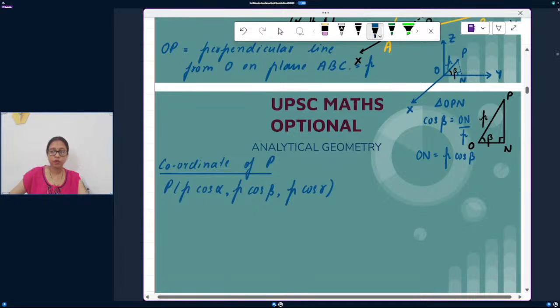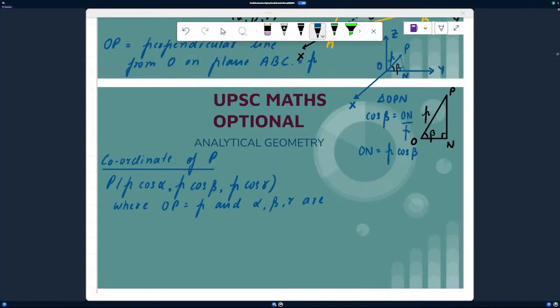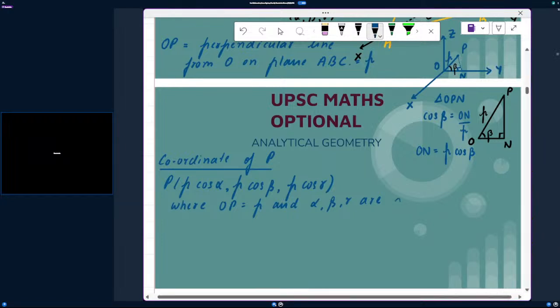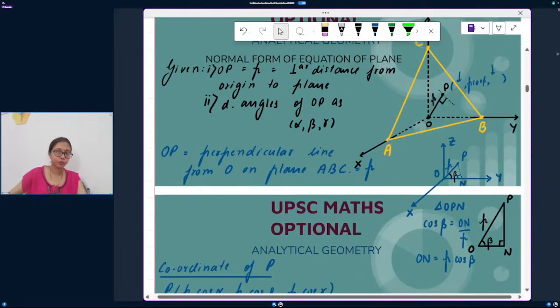so the coordinate of P, where OP is p, and alpha, beta, gamma are direction angles. Let us take any arbitrary point Q. Now, I have a point, right?